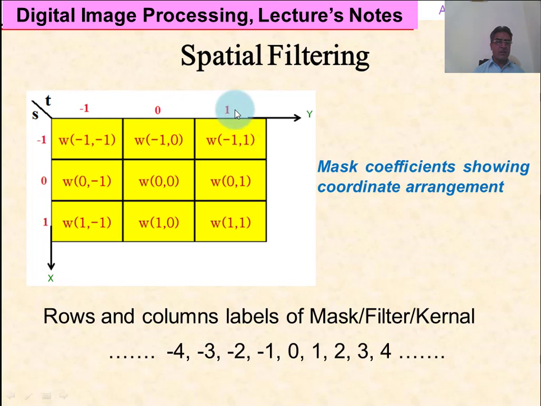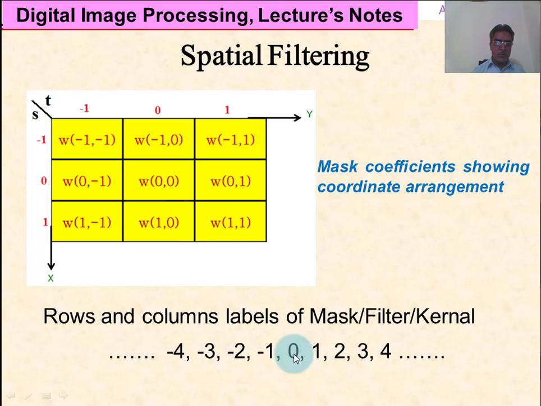The column and row labels of a 7x7 mask will be from -3 to 3: -3 here, then -2, -1, 0, 1, 2, and then 3. Here are 7 labels of the column and 7 labels of the row. This will be the 7x7 matrix mask or filter.